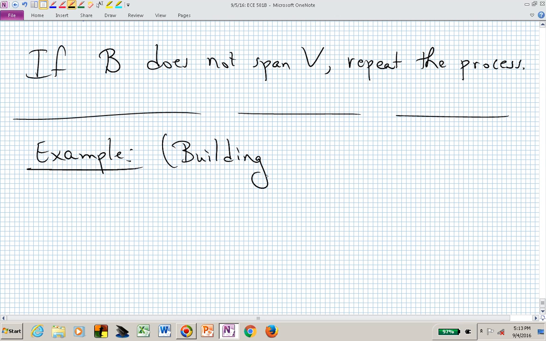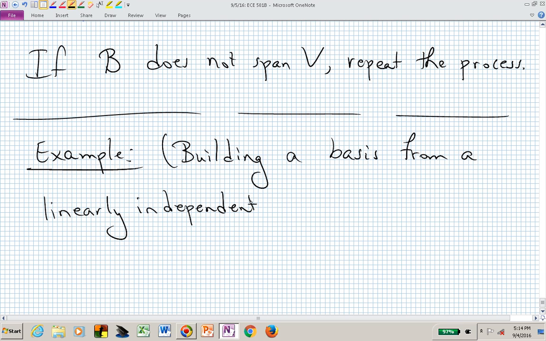Where now we're building a basis. We're now doing it by extension, building a basis from a linearly independent set of vectors.